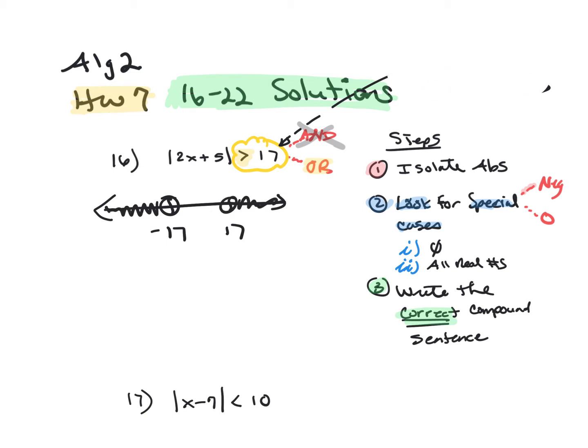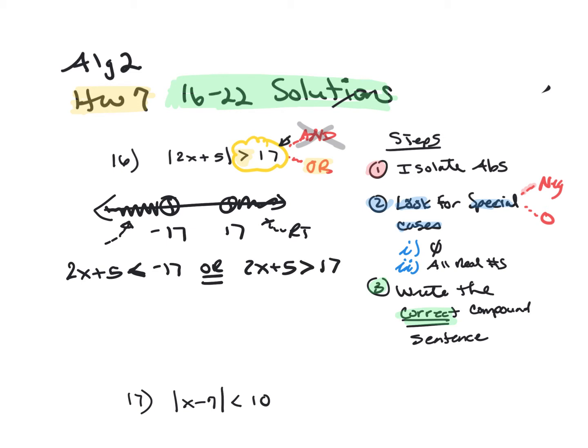So we then have to write the compound or. We have to say 2x plus 5, no absolute values, has to be to the left of negative 17, so less than negative 17. You must have the word or in your problem, and then 2x plus 5 must be to the right of positive 17, so greater than positive 17.